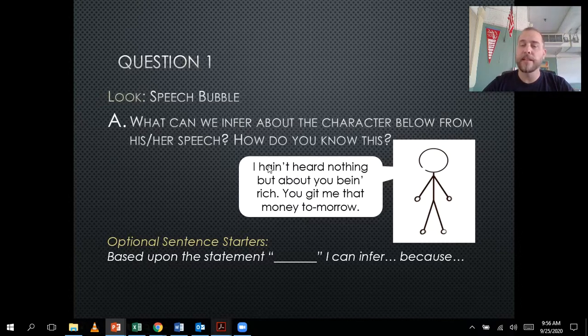And so we see here that this character has an accent that's associated with being uneducated, like ain't, because ain't in our society has a connotation of being uneducated, whether you agree with that or not.